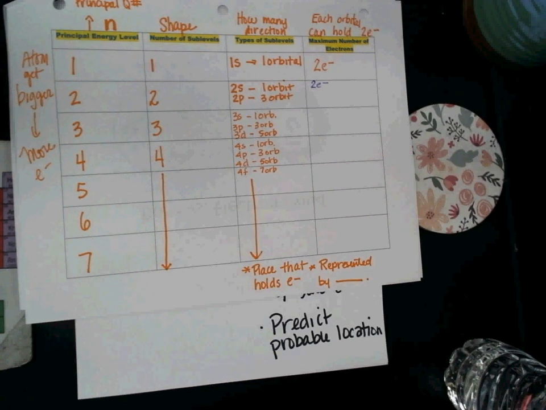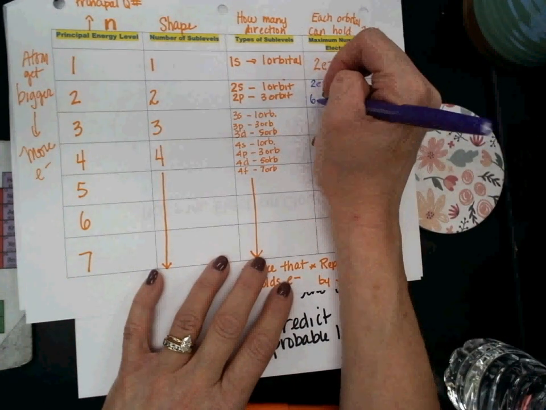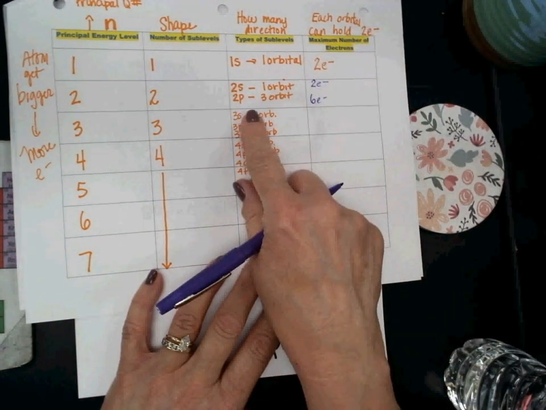So how many total electrons could the p orbital hold? Adam, what do you think? 6. He said 6. Was anybody else thinking 6? Does anybody not know how he got that? Be honest. No? We're good? So we have 6 electrons here.